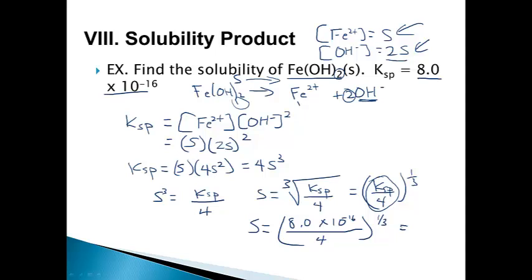And you should come out with 5.8 times 10 to the negative 6th. And that's the solubility, so that's the molarity. Okay, what are the concentrations of Fe2+ and OH-? Fe2+ will be this concentration. OH- will be twice as much.